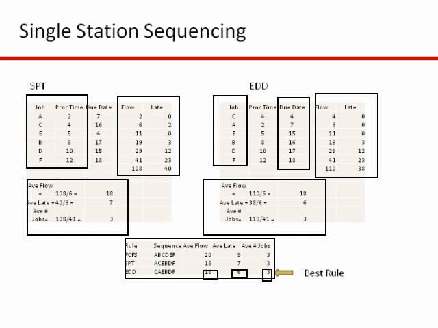It does the best job at minimizing those three metrics. So that would be how you can select the sequencing rule that's going to optimize your efficiency. All right, and that's basically all there is to single station sequencing. Any questions on this example?